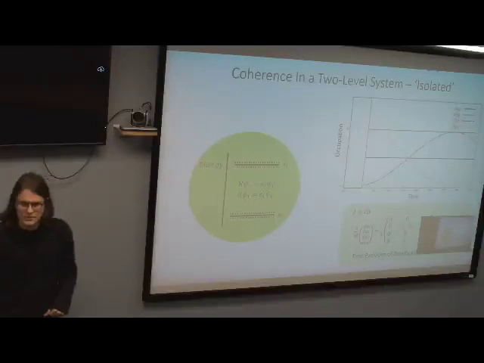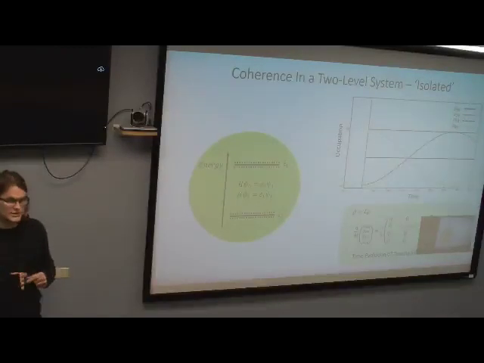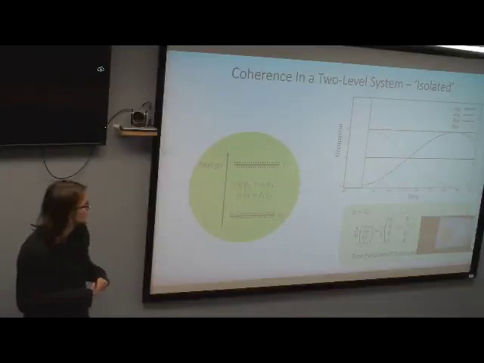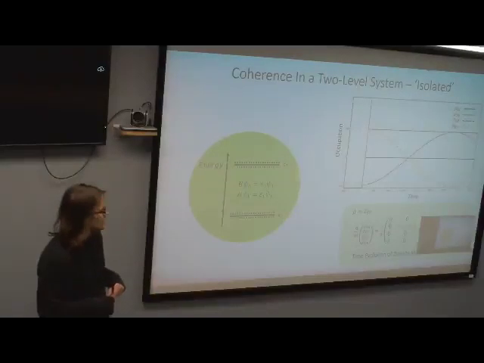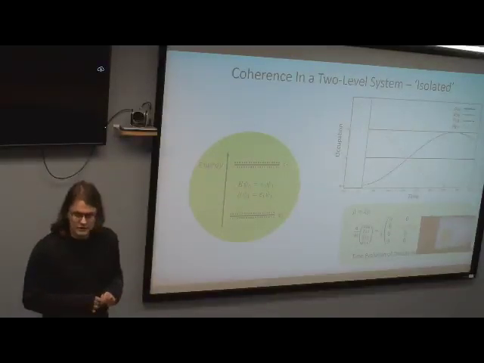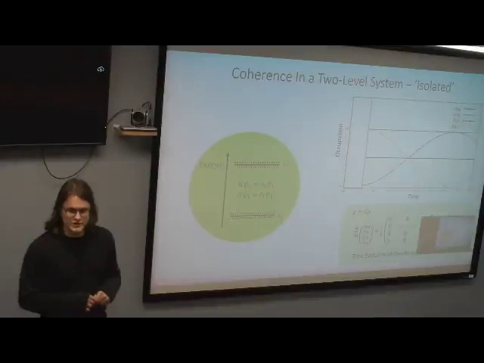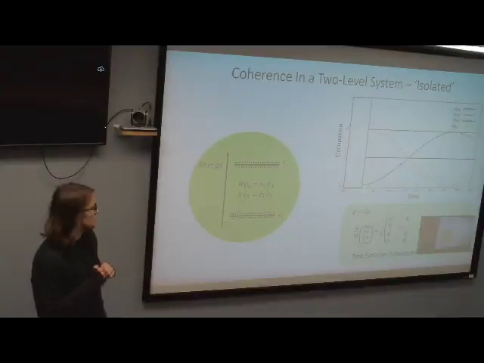And so the two states stay in phase, they stay coherent with each other. That's the goal for things like quantum computing and even energy transfer: obtaining very long coherence times.